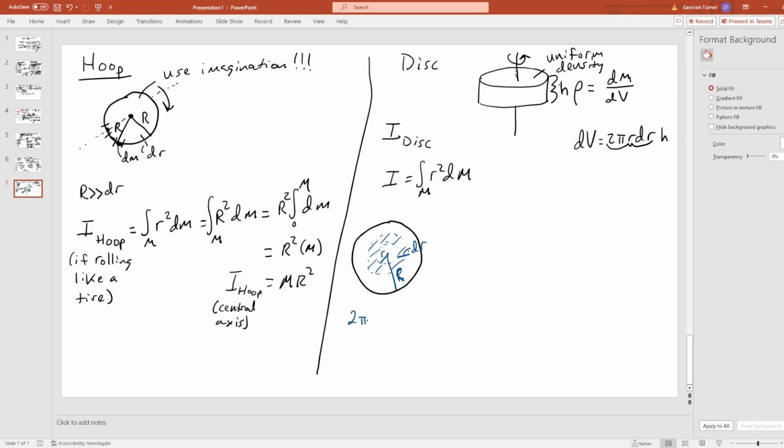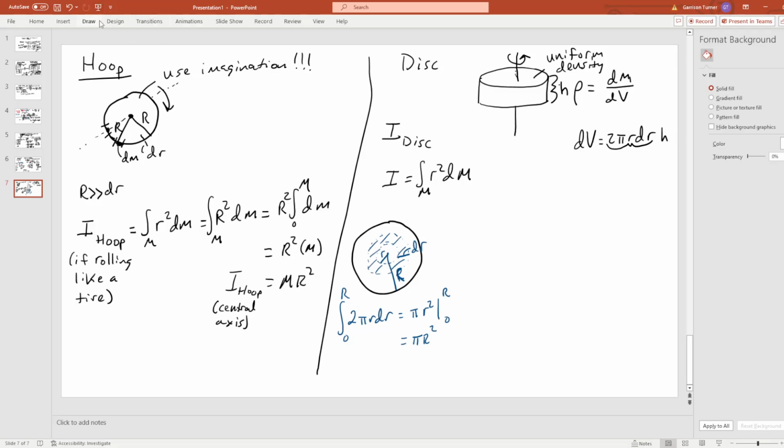So 2 pi r dr, if I integrate this from 0 to R, this gives me pi r squared. So we know that that's the correct area element. And then to get the volume, I just multiply that by the height. So this is why the volume element is what it is.